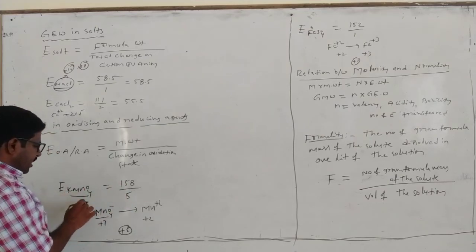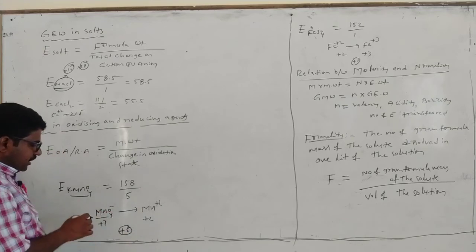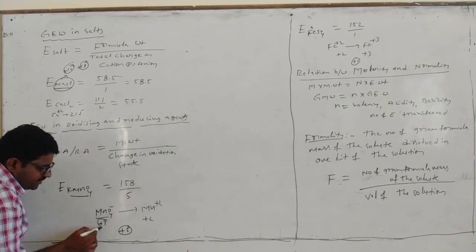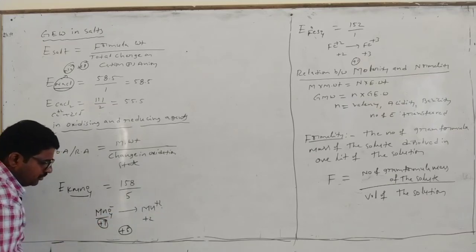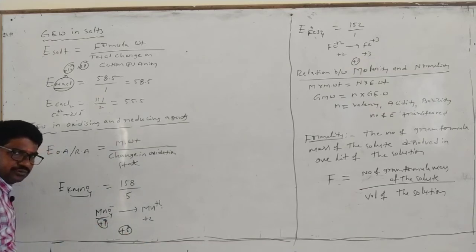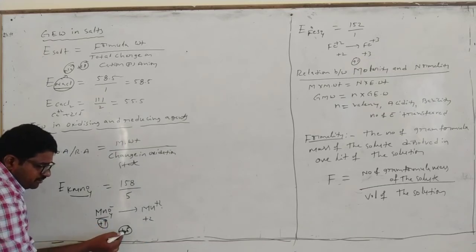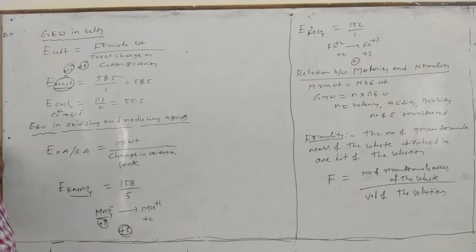KMnO4 undergoes reduction, giving Mn2+. Here Mn is in the +7 oxidation state and becomes +2. What is the change, from +7 to +2? The difference is +5. How many electrons are transferred? 5. So 158 by 5.